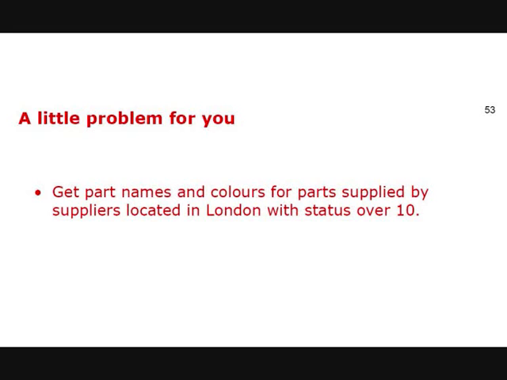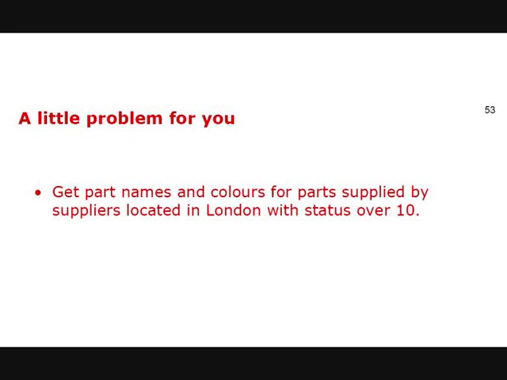I need another set of results, which are the suppliers who do not supply any parts. So how do I know those that do not supply any parts? Exactly. If they supply something, they will be in the shipment table. If they don't supply anything, they won't be in the shipment table.